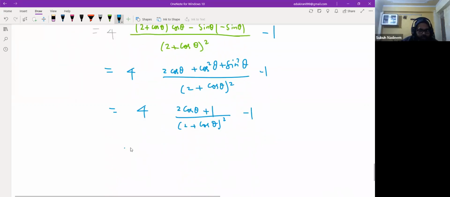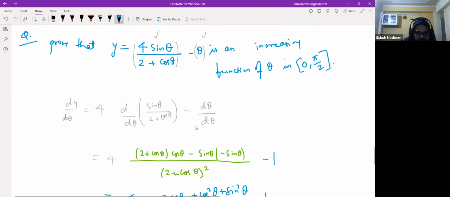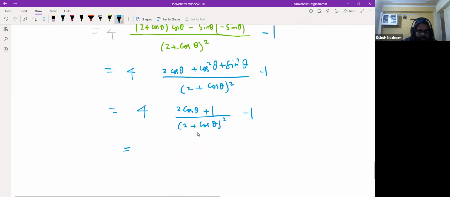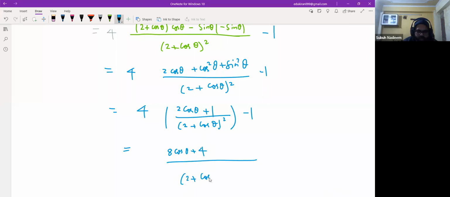Fine. Now, in the interval 0 comma pi by 2, it is given in 0 comma pi by 2. Should we take LCM? We can take LCM. So this 4 is multiplied to this. So 8 cos theta plus 4 it will become. And if we take LCM, we have (2 plus cos theta) whole square.